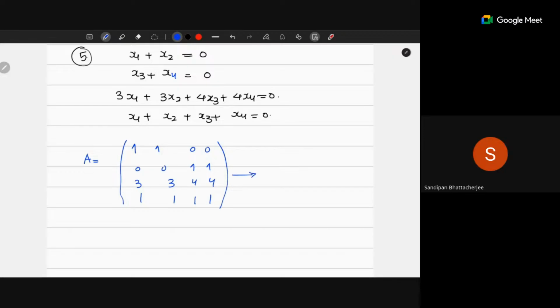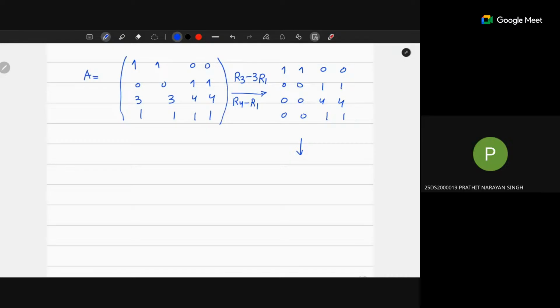Now let's perform the row reduction to echelon form. R3 minus 3R1, and R4 minus R1. So we get 1 1 0 0, 0 0 1 1, 0 0 4 4, 0 0 1 1. All right.